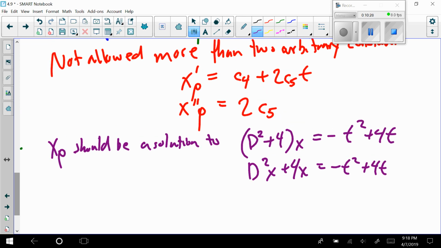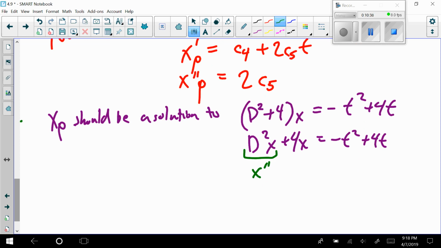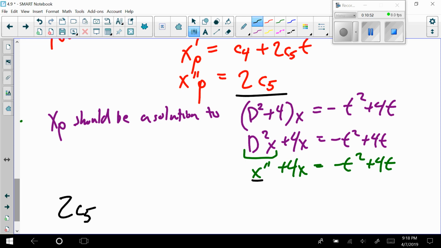I do need this d squared x here, well, that's actually just x double prime, right? That's just x double prime, and then this is plus 4x equals negative t squared plus 4t. I know x double prime is 2c sub 5.